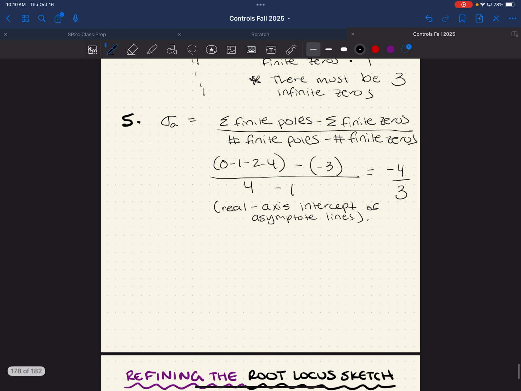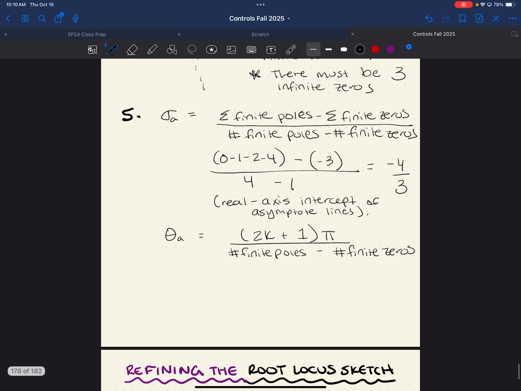Theta A, that equation was 2k plus 1 pi over the number of finite poles minus the number of finite zeros, where k is 0, 1, 2, up to however many asymptotes we need.